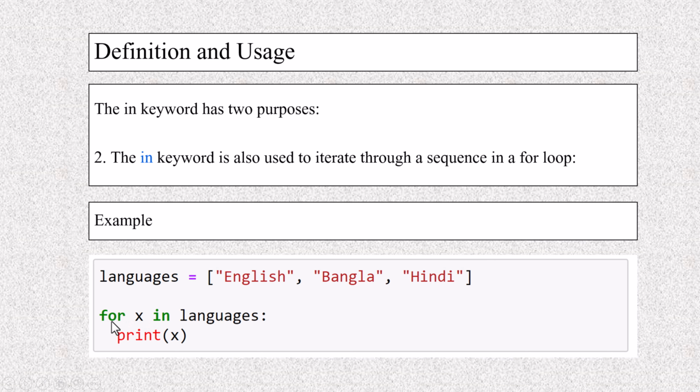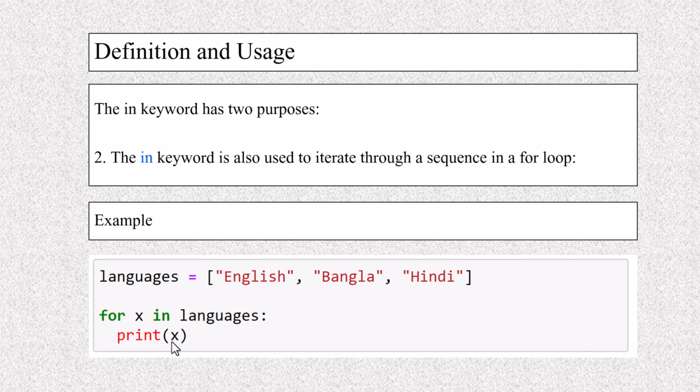For example, for x in languages, that means we will iterate the languages list, and each time we will print each element of the list. Here x is a variable which will take each and every element of the list one by one, and it will print it in the console or on the screen.